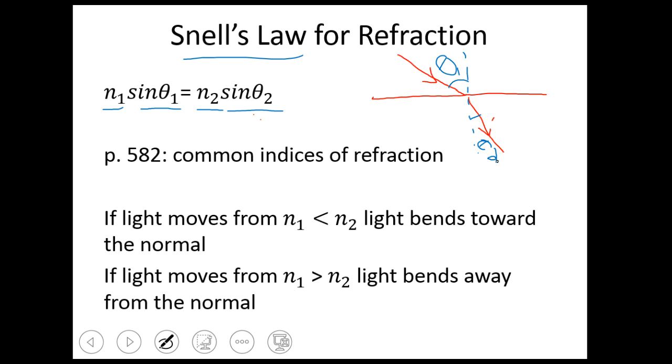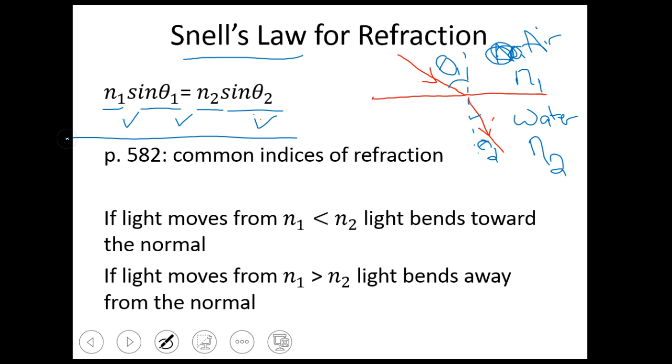All right, and then this will be substance 1, like air. Substance 1 isn't always air, but it's where the incoming ray is from. And this has an index of refraction n1. And we can say maybe this is water, and it has an index of refraction n2. Right? And then at that point, once you know 1, 2, maybe 3 of these values, it just becomes a plug and chug and solve.